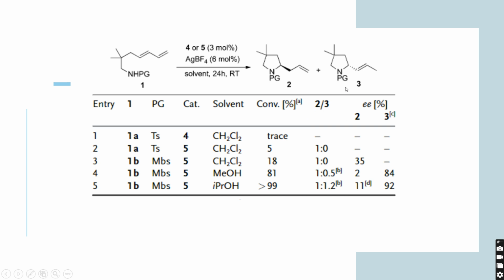So the difference between the formation of the product comes from the solvent used in the reaction. Okay, if you use DCM solvent, like here in this case, then we are going to get the product 2 selectively, and if we are using an alcohol as a solvent in the reaction, we are going to get the product 3.